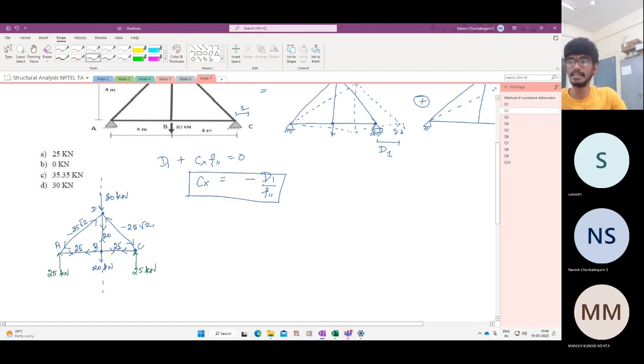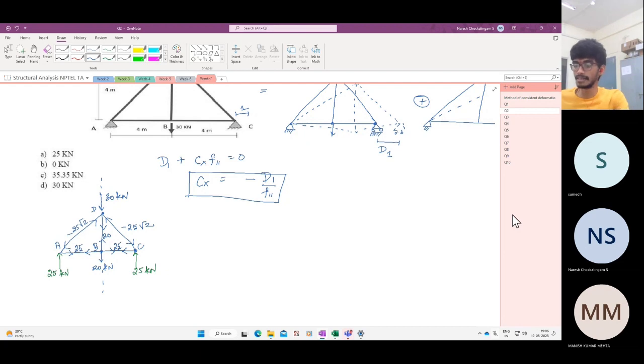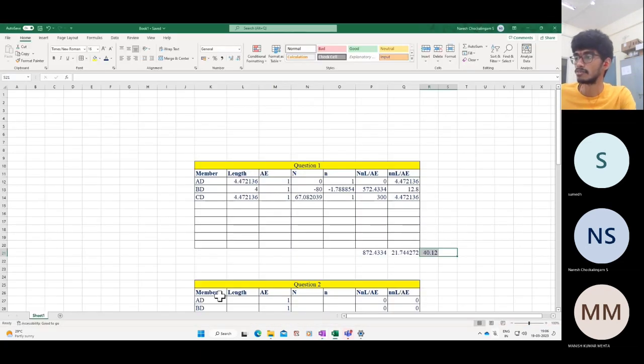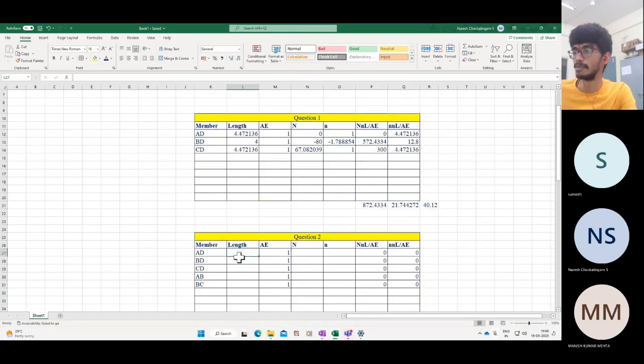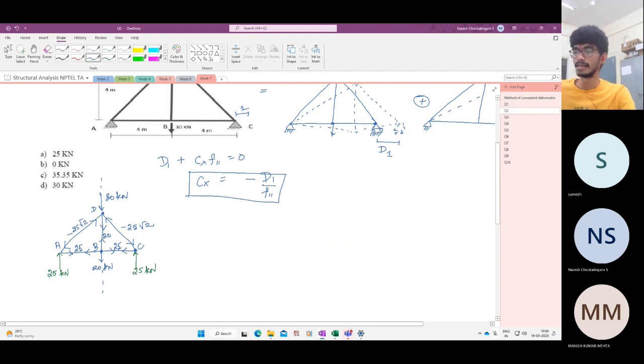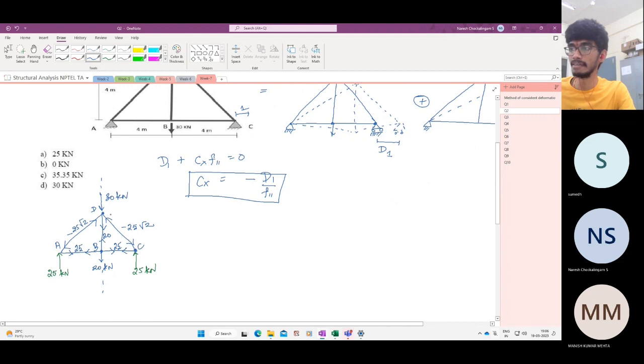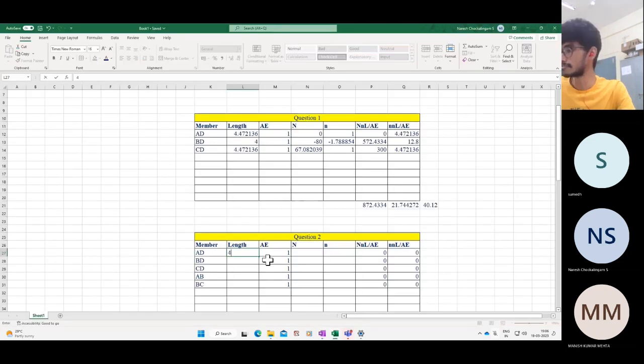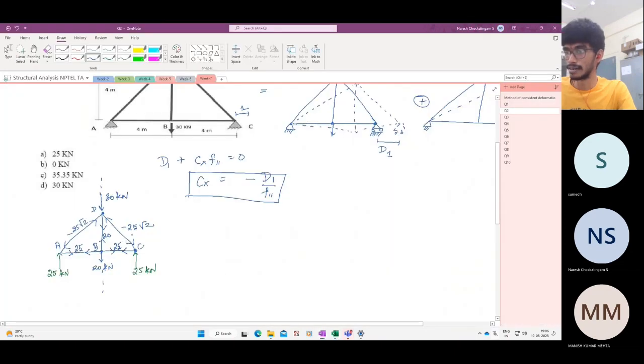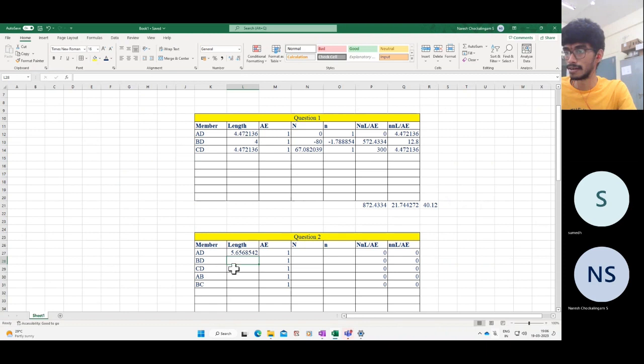So that's it. Let us fill in the table for problem 2. So what is the member force in the member AD? Let's fill in the lengths first. AD will be 4 square root 2.